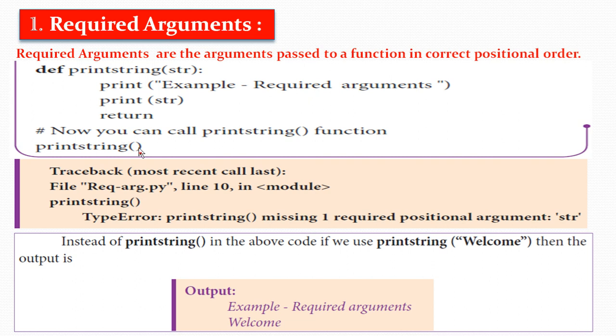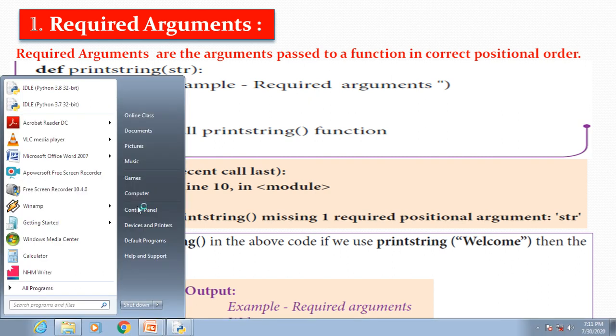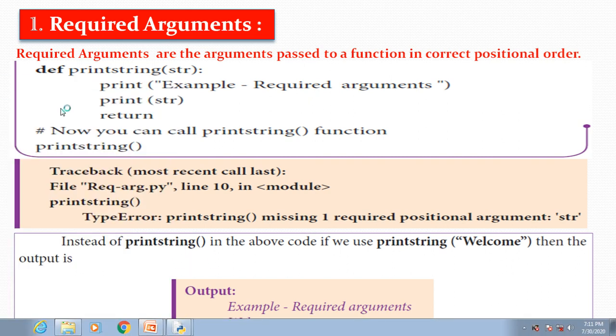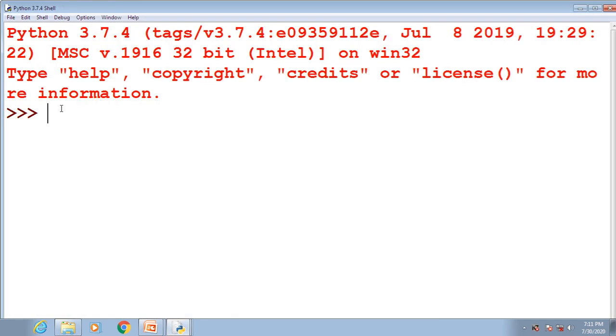So here one argument, that is the string value, and here also one argument, the str. So we get the result: example required arguments welcome. We are going to see this by using an example in the IDLE window.